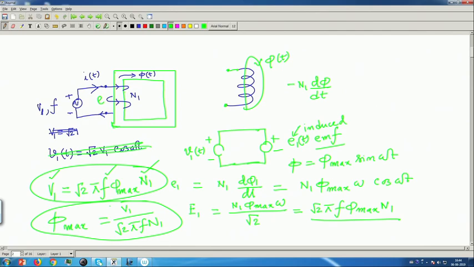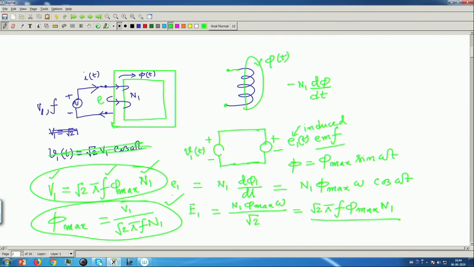The moment you connect an AC voltage V1 and f, I can tell you the flux is sinusoidally varying. What is the maximum value of that flux? It is fixed, it is this one. Therefore, how much phi max will be produced inside the core is decided. I do not have any control over it.